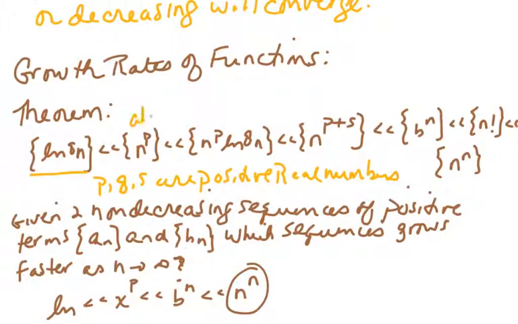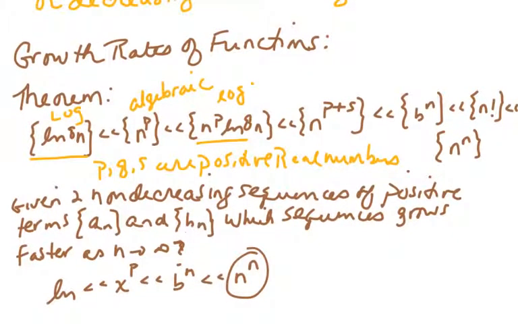So here's your algebraic, which is n raised to some power. Here's your log function. And then if you multiply those two together, that'll be slightly faster in growth than just a pure algebraic or a pure log. So this is just a log times an algebraic.